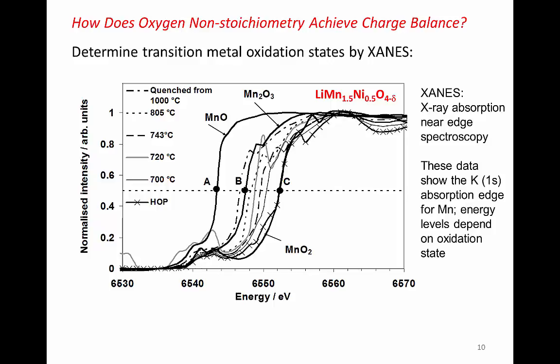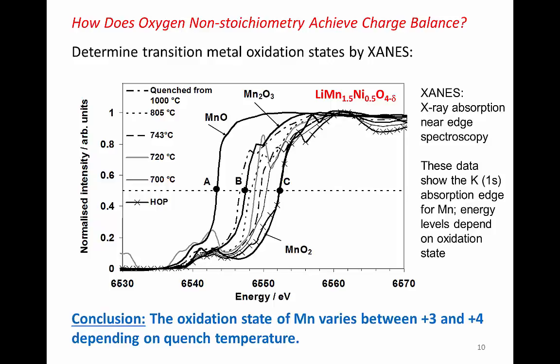And so the one quenched from 1000 degrees C matches pretty well curve B, and therefore corresponds largely to manganese 3+. And so there's quite a nice correlation there between quench temperature and average oxidation state of manganese.